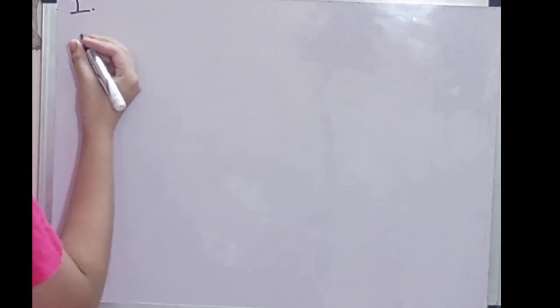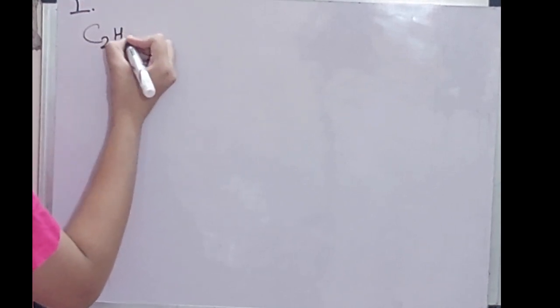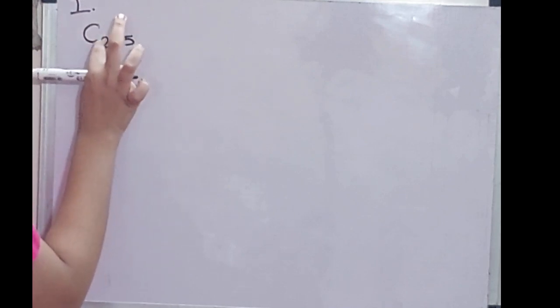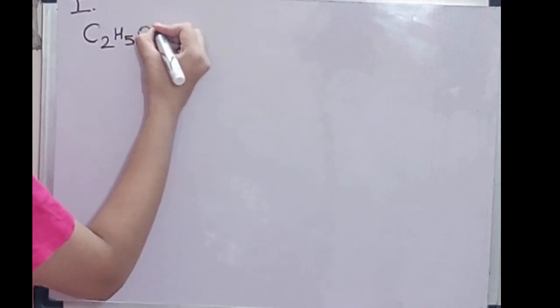So you learned the properties about alcohol. Now we have two reactions. First is C2H5OH.